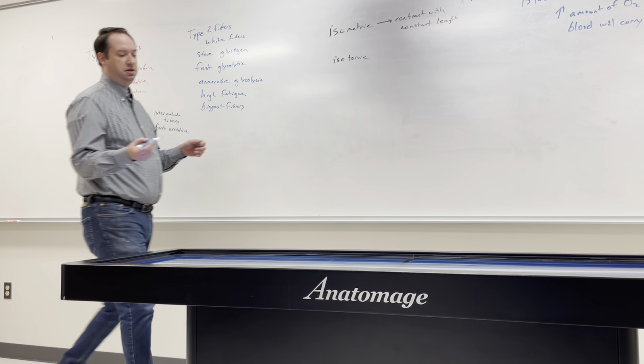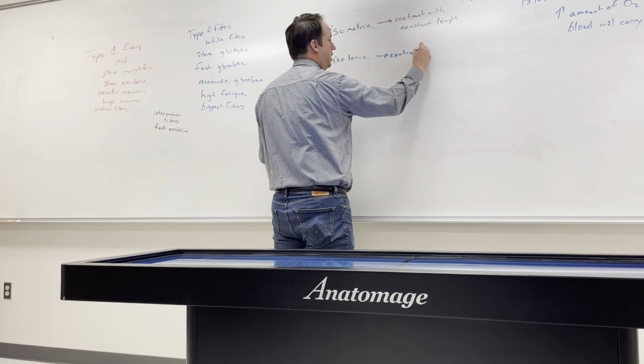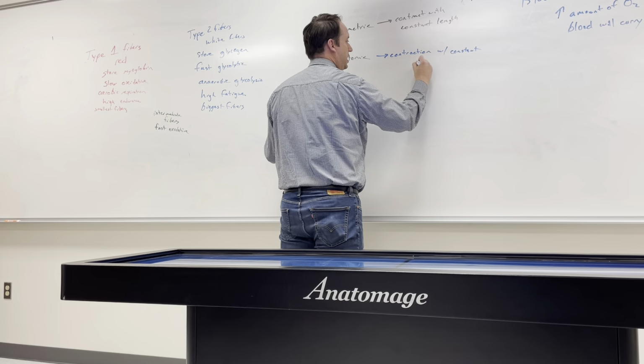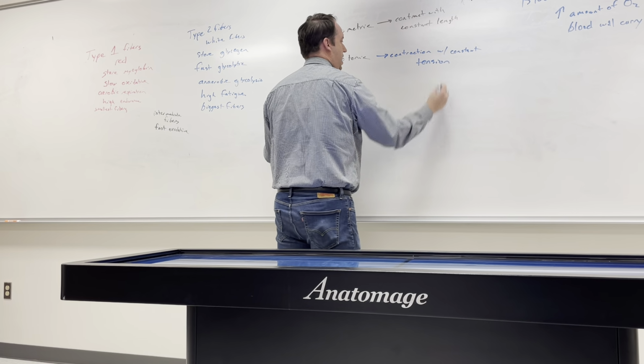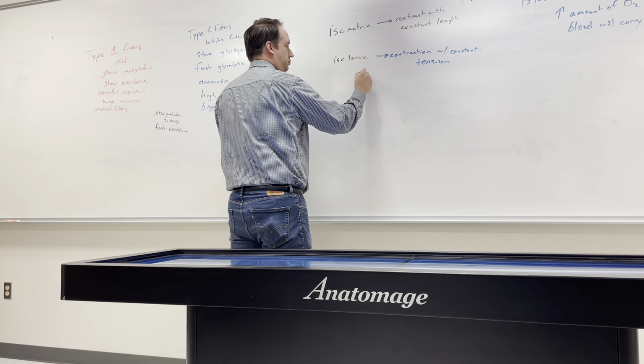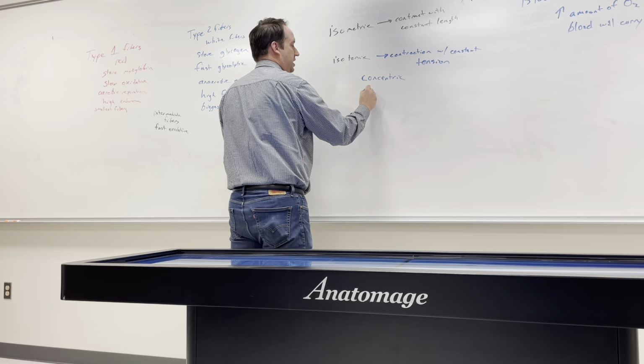Isotonic contraction. Contraction with constant tension. And there are two types of isotonic contractions. Concentric and eccentric.